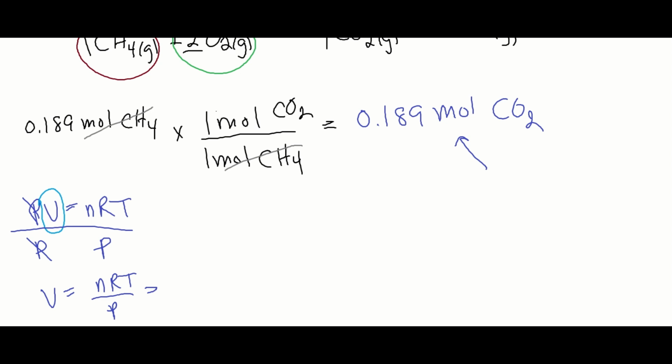We can't just use molar volume here. 22.4 liters is only valid at STP. We're not at STP, so we need to use the ideal gas law. The number of moles, R is a constant, with atmospheres, is the one we need.